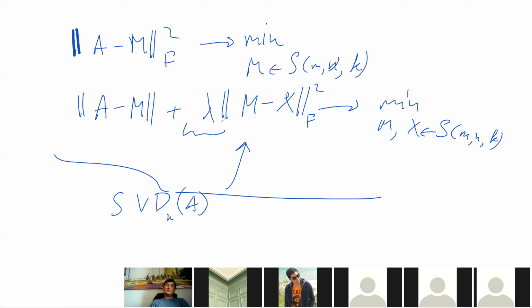Because this function f of XY is not convex. This is the problem. Roughly speaking, even if the function f of M is convex, this still doesn't guarantee that. For example, something like the Frobenius norm of A minus B M. This is a convex function.